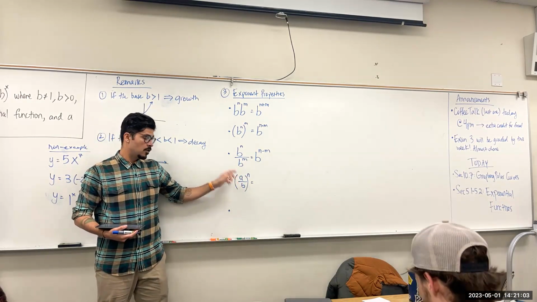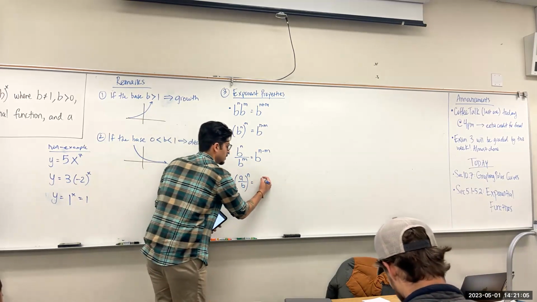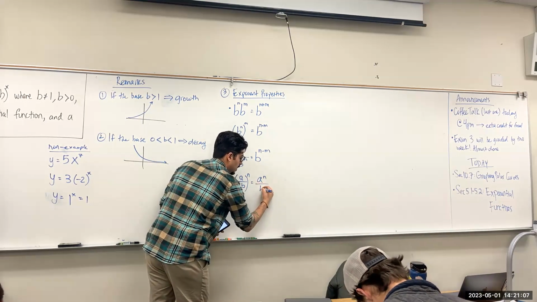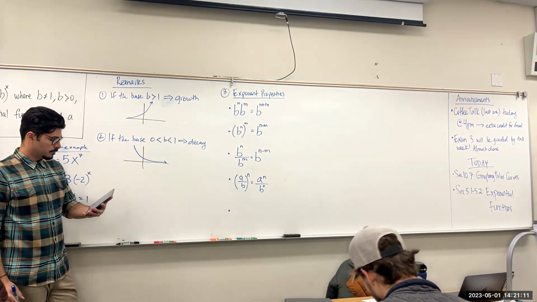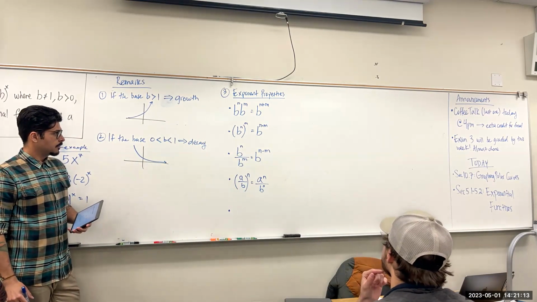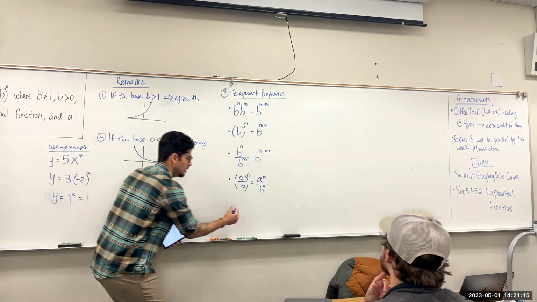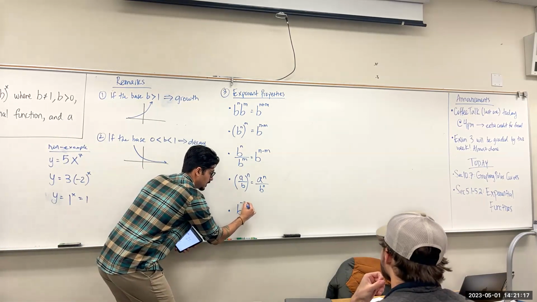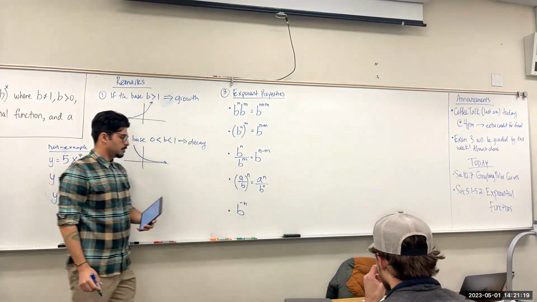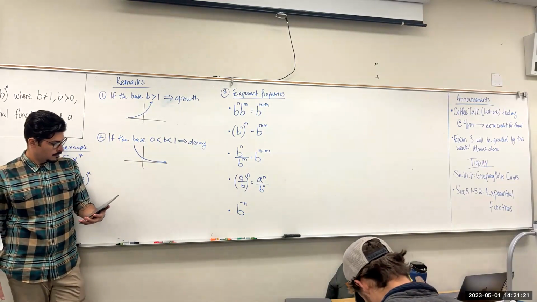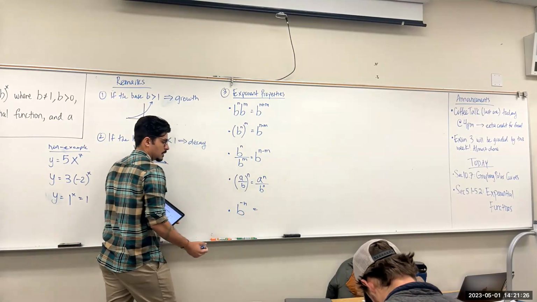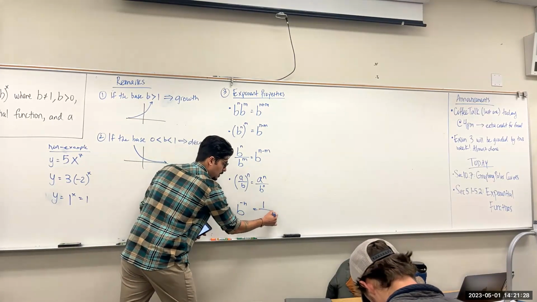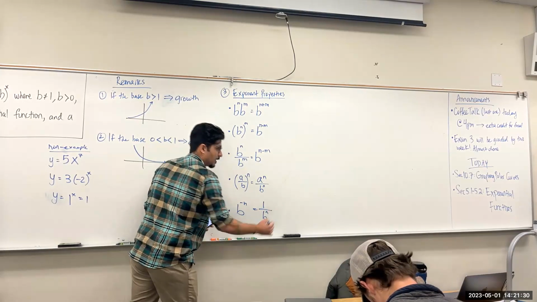You raise the numerator to that nth power, and then you raise the denominator to the nth power as well. And then we have the negative exponent one that I just mentioned. b to the negative n is going to become 1 over b to the positive n.